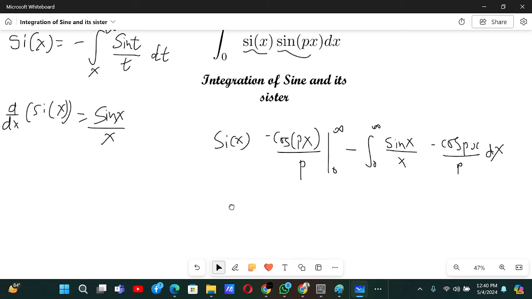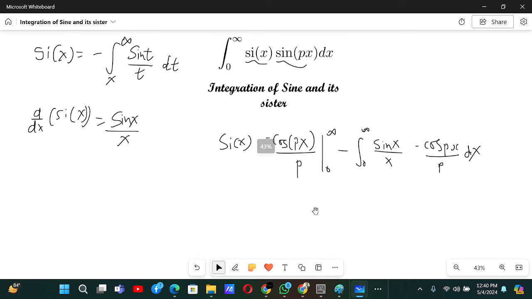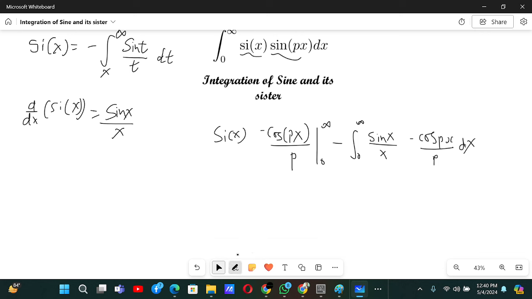Now at infinity, Si is pi by 2, and this lies between minus 1 to 1, so overall it goes to 0. And minus minus is plus, and Si of 0 is 0, and minus cos 0 is minus 1 by p.